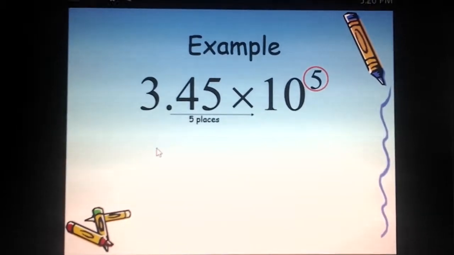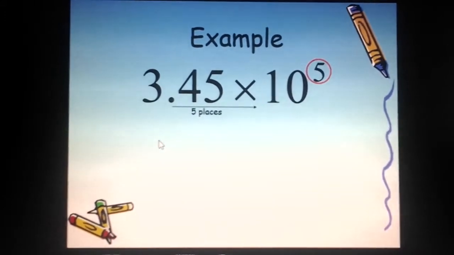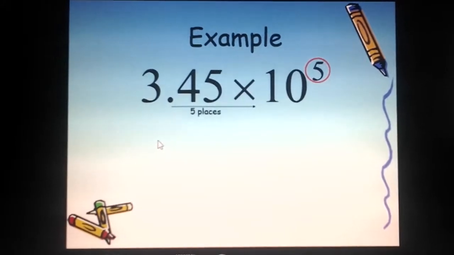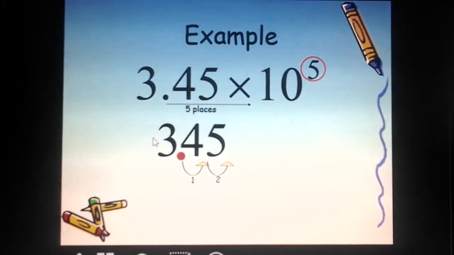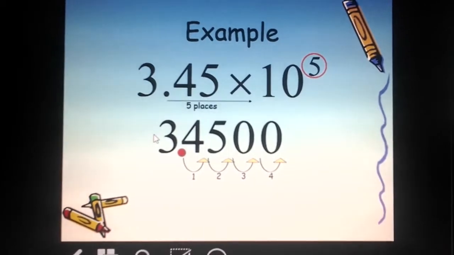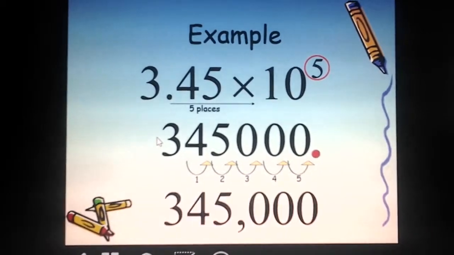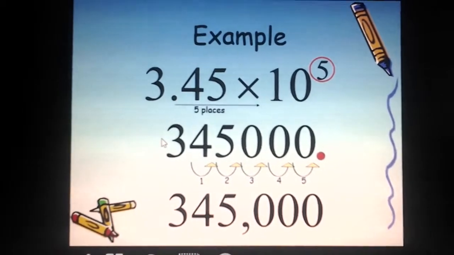We're going to move this 5 places to the right because the exponent is positive. So this number is large. So once you move it, again, replace the missing spots with zeros. And now you have it as 345,000.